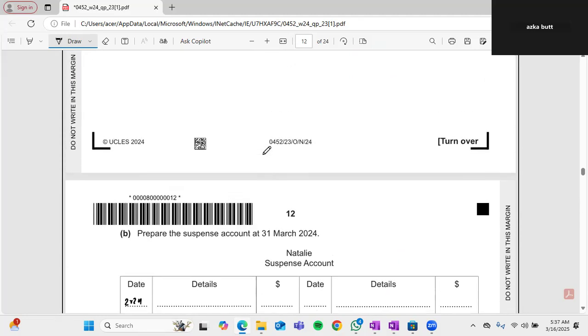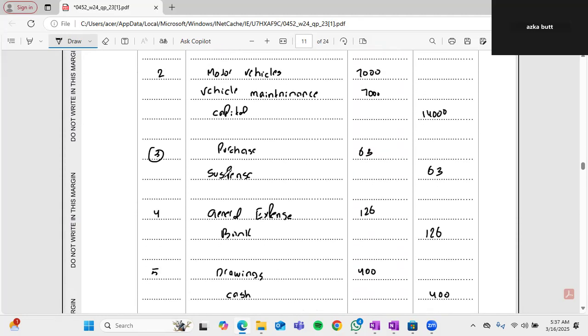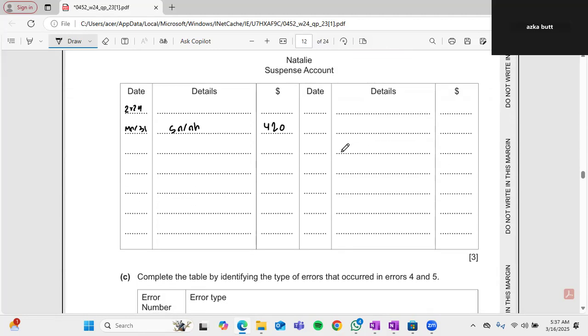And we have this one, which is also the suspense account. Suspense account is credit and purchase is debit. So we just find the difference, 420 minus 63. There is a difference on the trial balance, which is on the credit side.